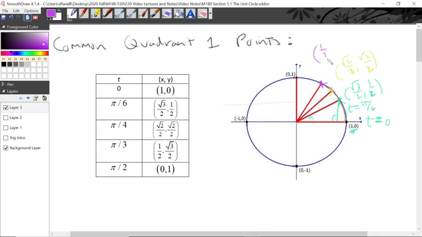The coordinates of that point are 1/2, root 3 over 2. And then finally, if t is equal to pi over 2, that would be if we were to rotate to this point right here, then the coordinates would be 0, 1.